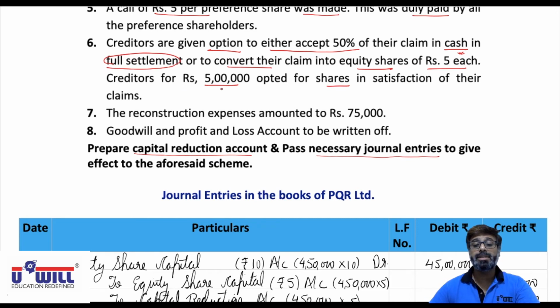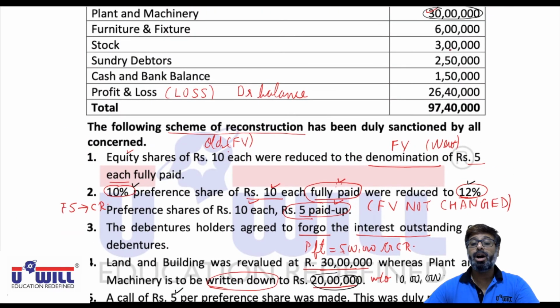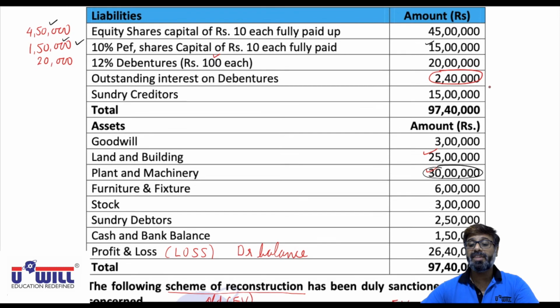So it's quite obvious that remaining creditors have taken cash. Two options are there. First option is of cash, second option is of shares. 5 lakh of creditors are going in for second option, that is shares, means remaining creditors are going in for the first option, that is cash. Now how much are creditors? 15 lakhs.